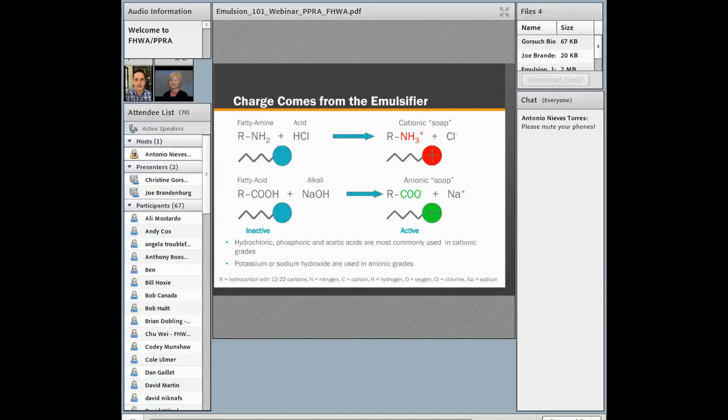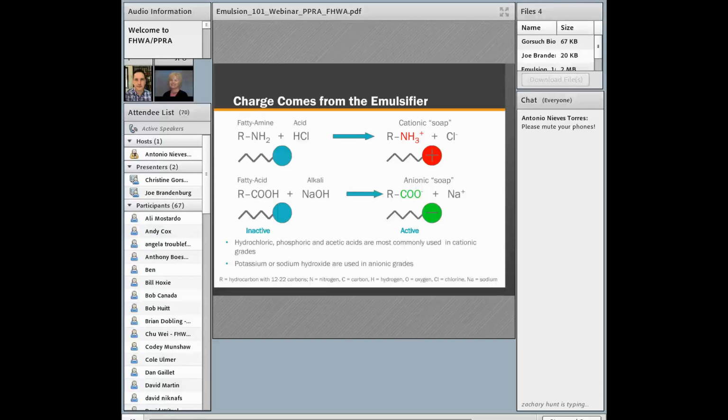When you mix the cationic emulsifier with water and acid, when you're making your cationic soap solution, the acid activates that emulsifier by protonating the head group, putting that positive charge on there.